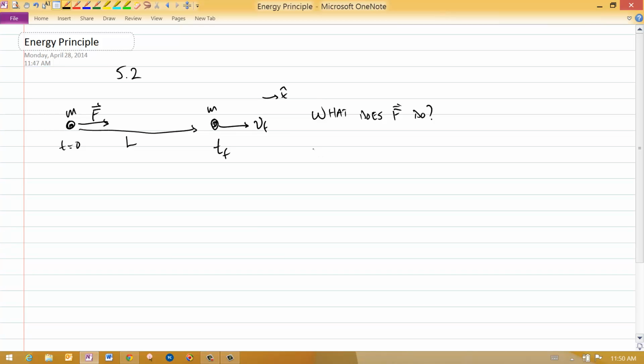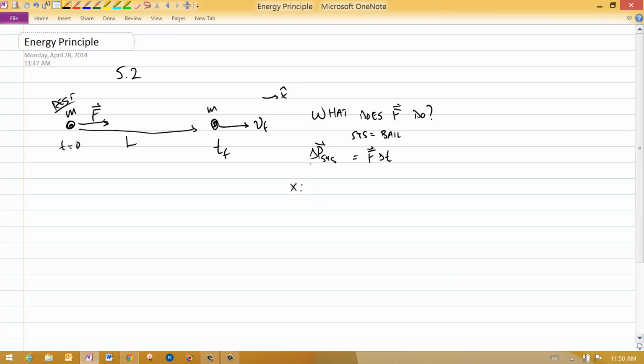So I've got the change in the momentum of the system, and let's say that the system itself is the ball, is equal to the force from the surroundings, which is just F times delta T. So, putting in what we know, it's at rest to begin with, and then it's going with V final in the x direction.